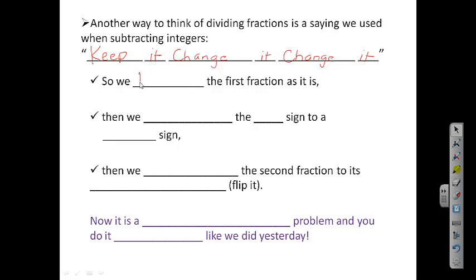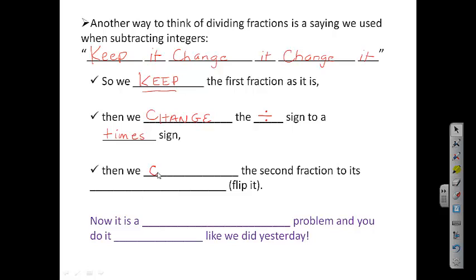So we're going to keep the first fraction as it is. Keep it. Then we're going to change the division sign to a times sign. I'm going to write the word times instead of putting an X there or a dot.